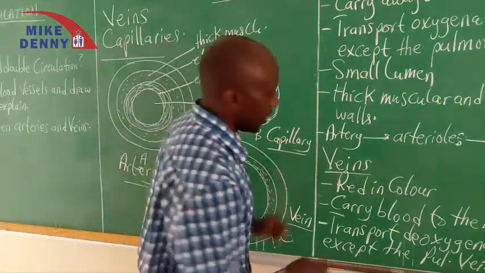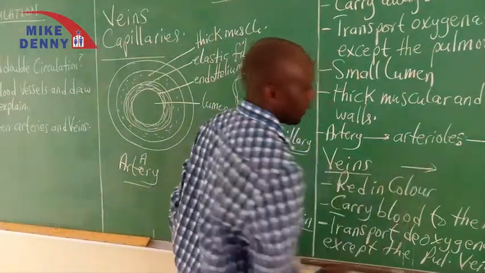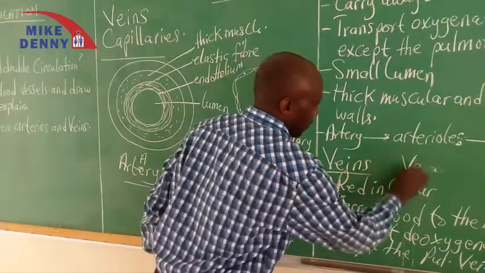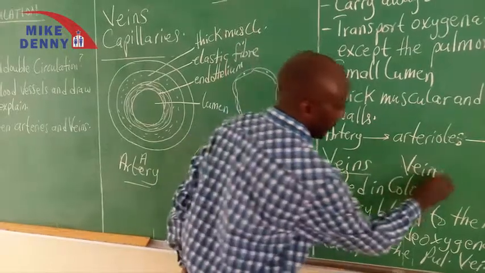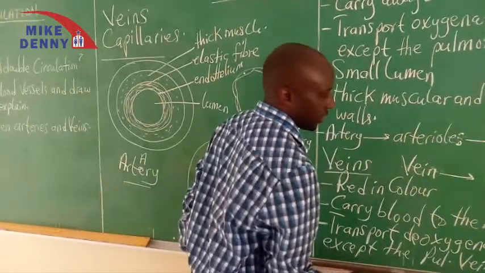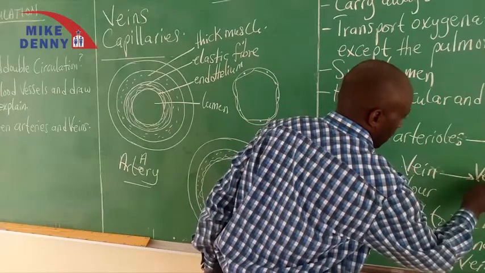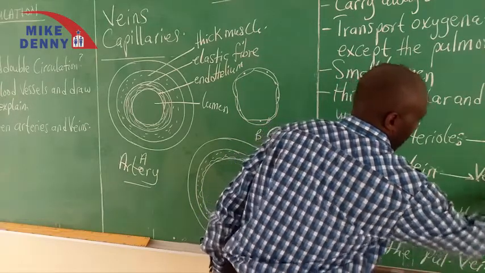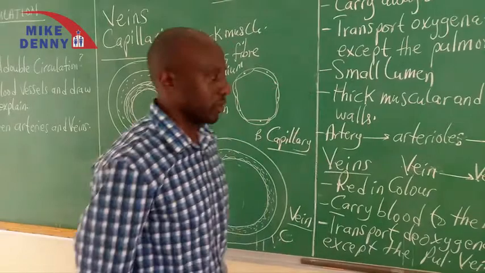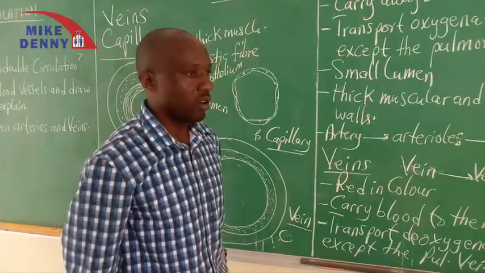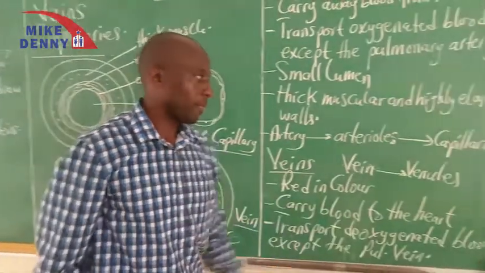Then a vein is also divided. The veins branch into smaller veins called venules.